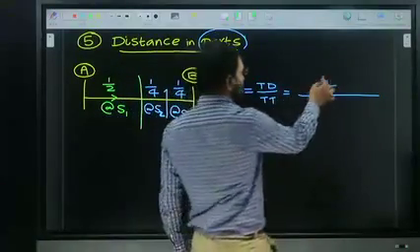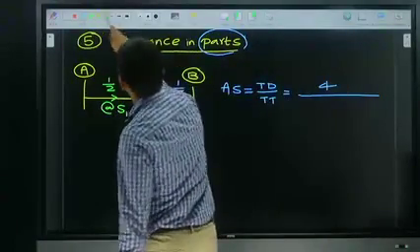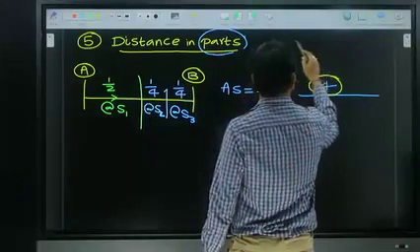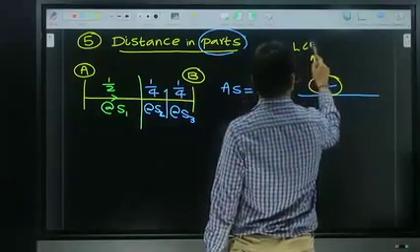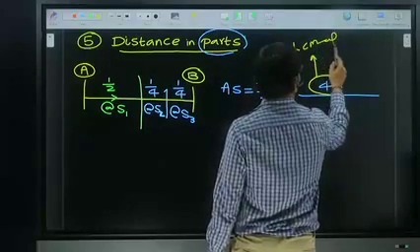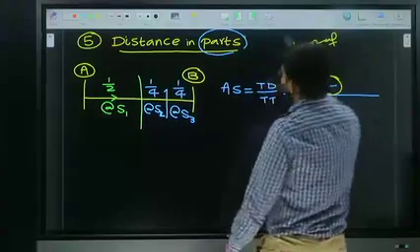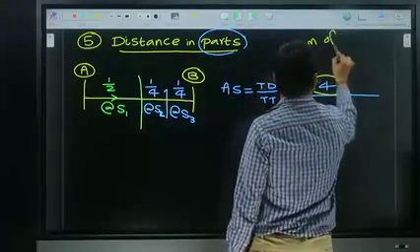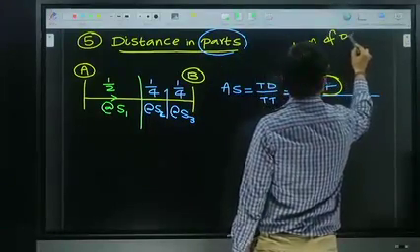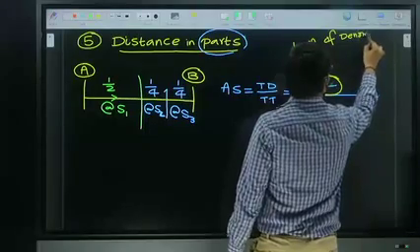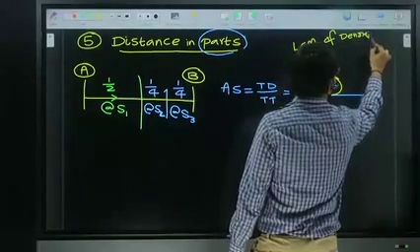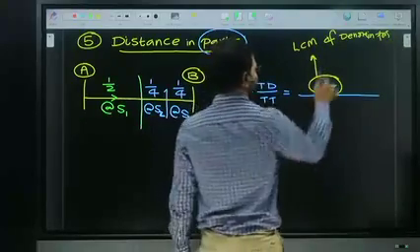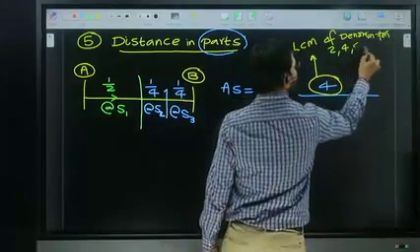How to get 4? This 4 is the LCM of the denominators, that is, of 2, 4, 4.